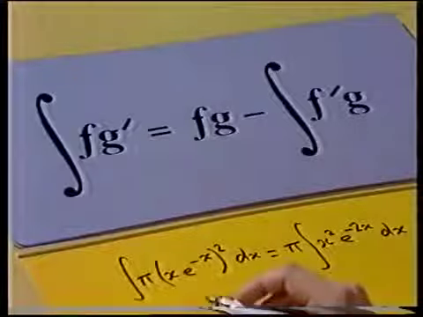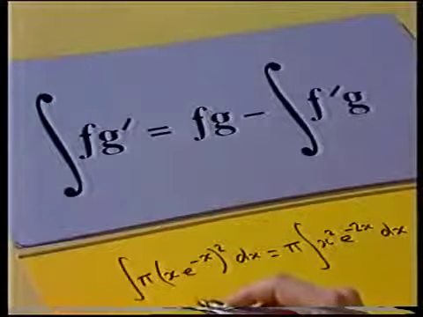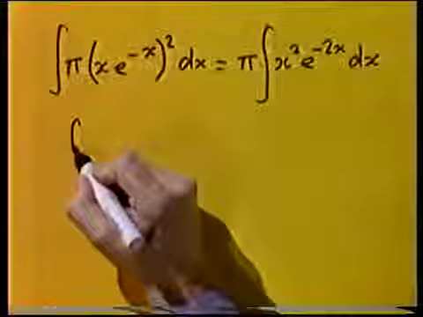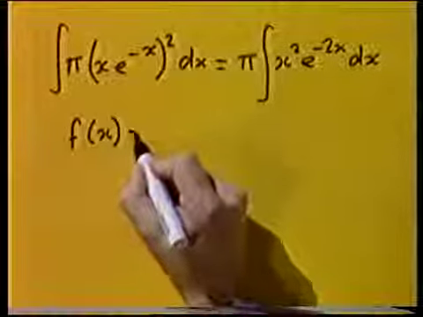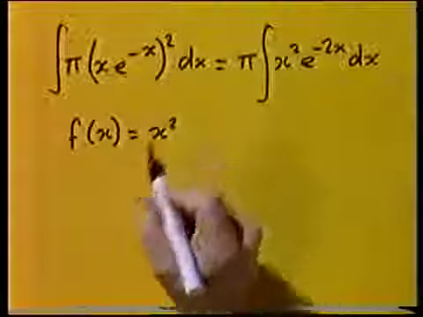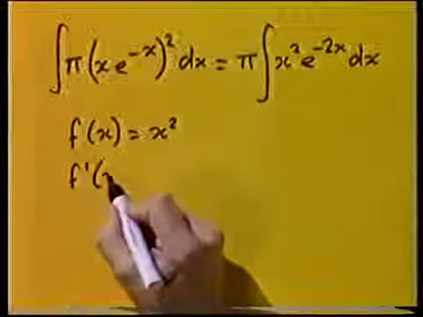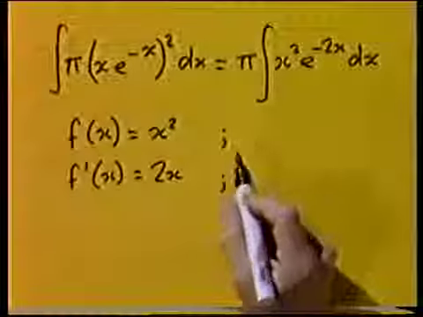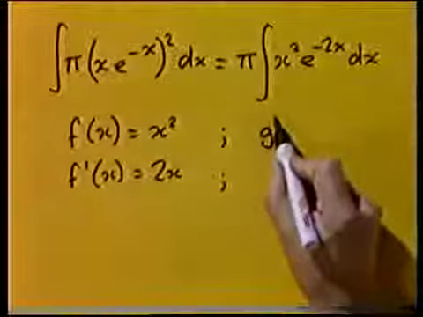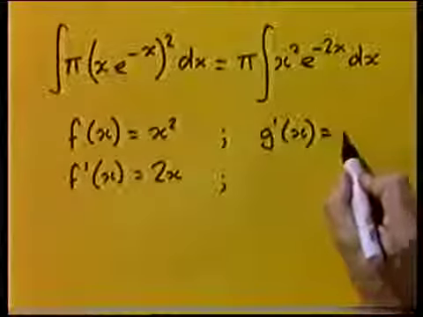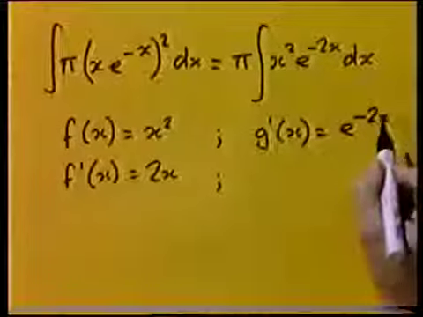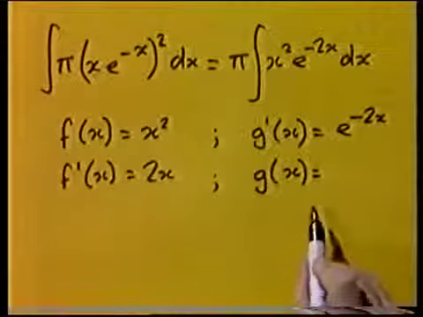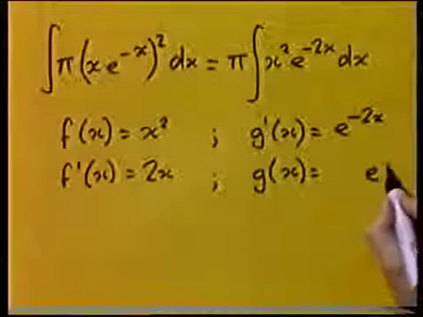Because if I take x squared as f, f prime will be an easier function. So let's do it. F prime of x is 2x. That leaves g prime of x as e to the minus 2x. So what is g of x? Well, let's try e to the minus 2x.